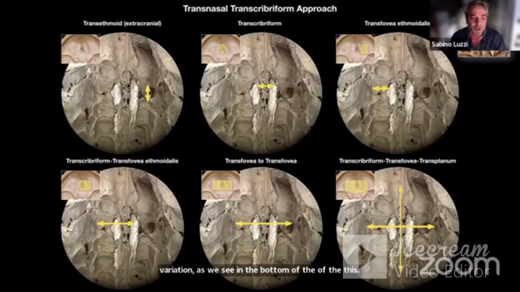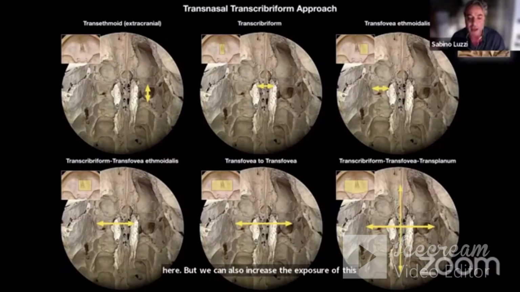We can move through transcribriform, transfovea ethmoidalis, and then the fovea to fovea approach, where we maximize the exposure from lateral to lateral. And we go from one lamina papyracea to the other lamina papyracea as a lateral limit without touching the lamina papyracea here.